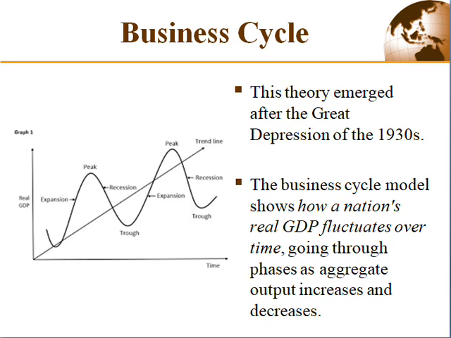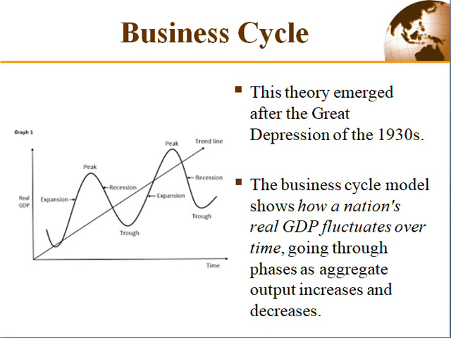A fluctuation over a period of time. Generally, the period from the start of one recession to the start of another recession. Okay, so a recession is, generally speaking, when the economy is not doing well. It is calculated from the end of one recession to the end of another, to the beginning of another recession.